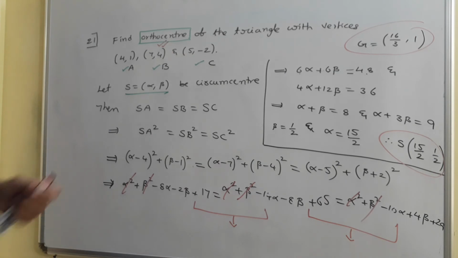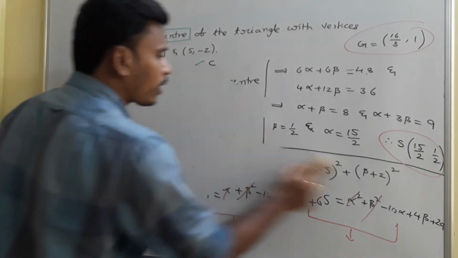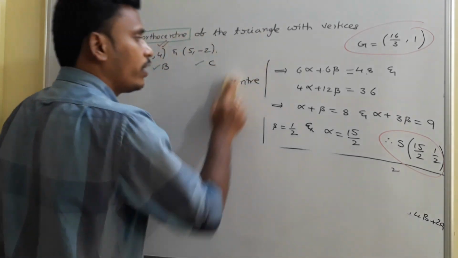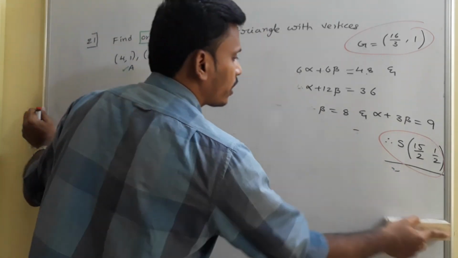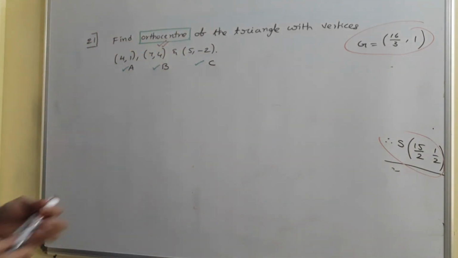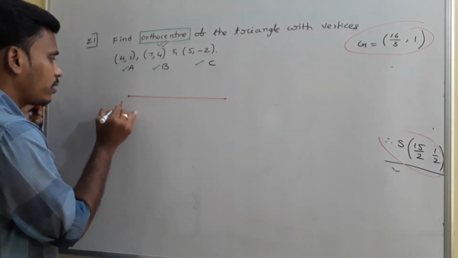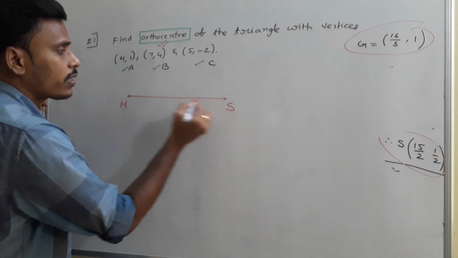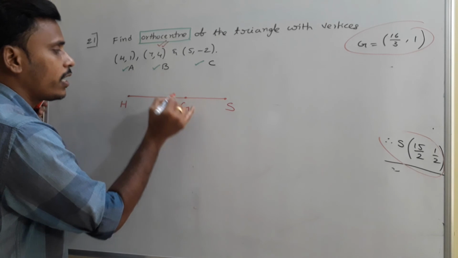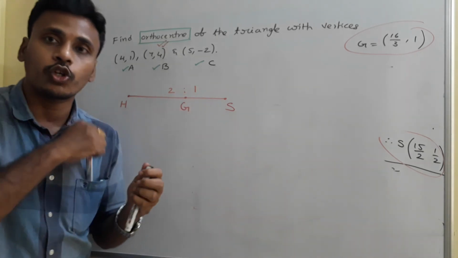So now to find the orthocenter, get the help of the Euler line. I am erasing this for space, but we need the centroid and circumcenter to find the orthocenter. See, what the Euler line suggests is that on a line, this is the orthocenter, this is the circumcenter, and somewhere the centroid is there, dividing the orthocenter and circumcenter in the ratio 2:1.